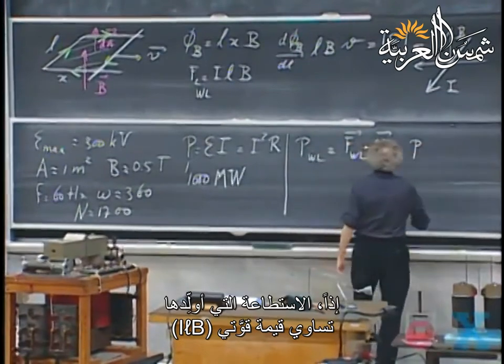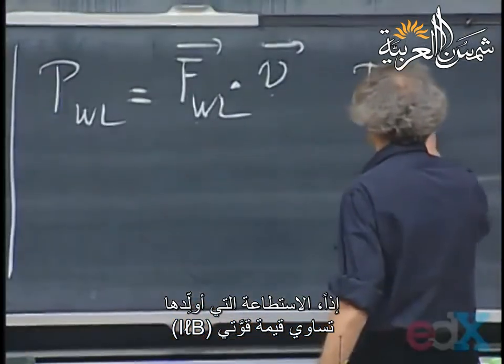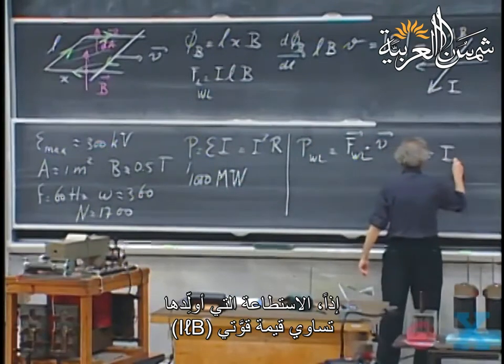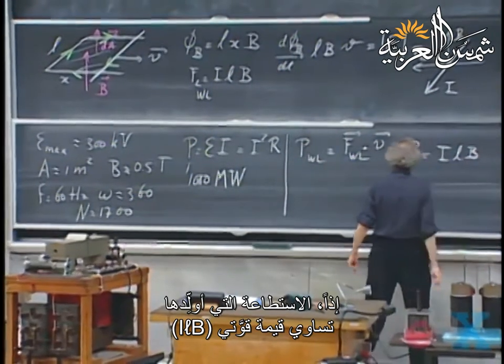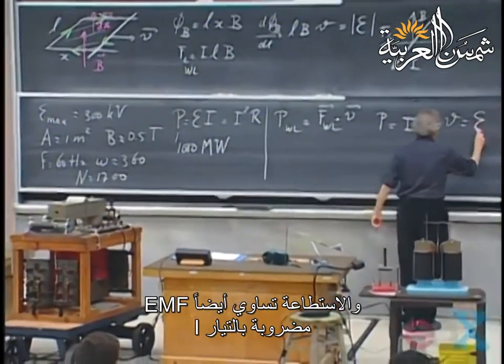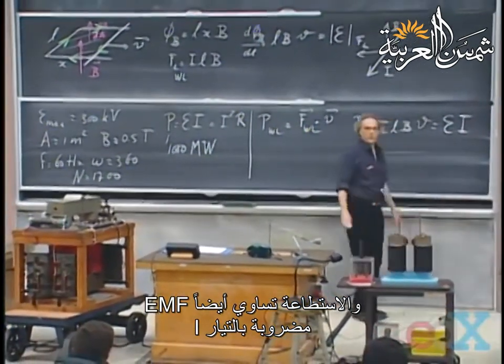And so the power that I generate is my force, that's the magnitude of my force, which is ILB, times the velocity. But that must also be the EMF times the current.